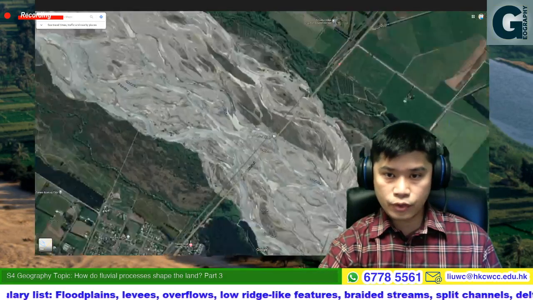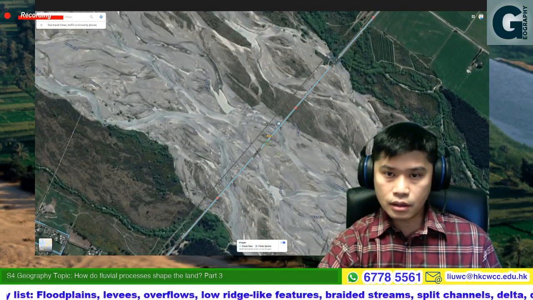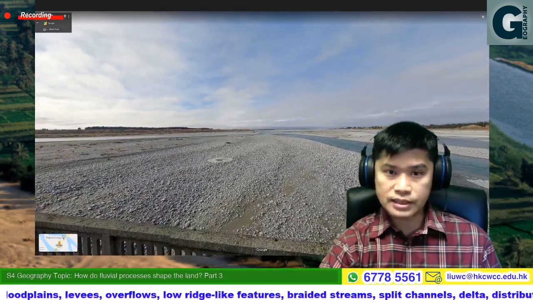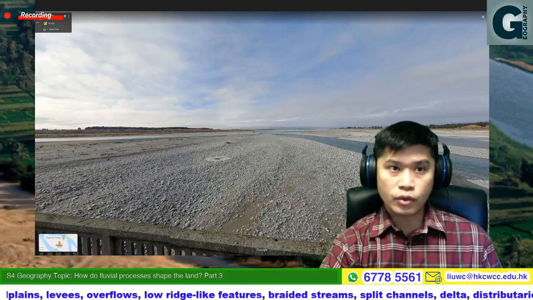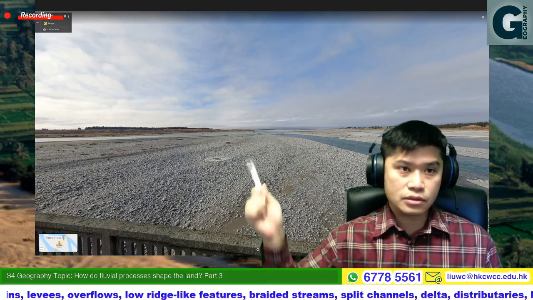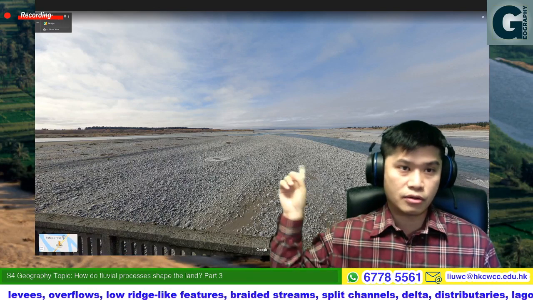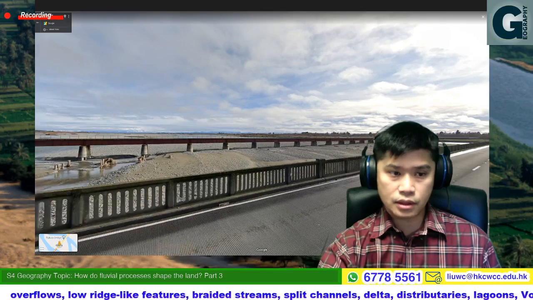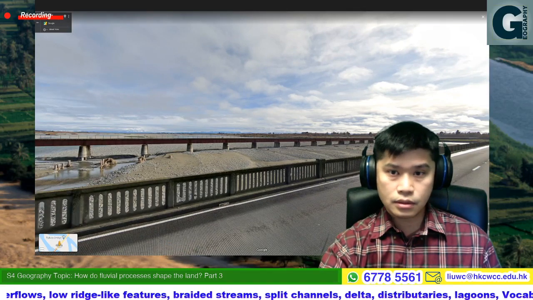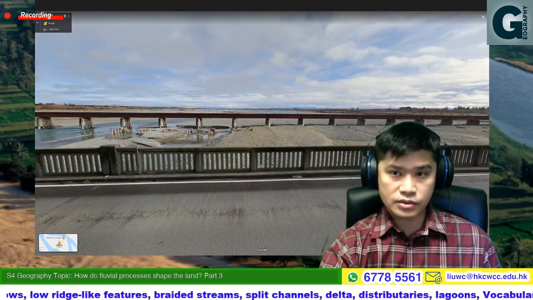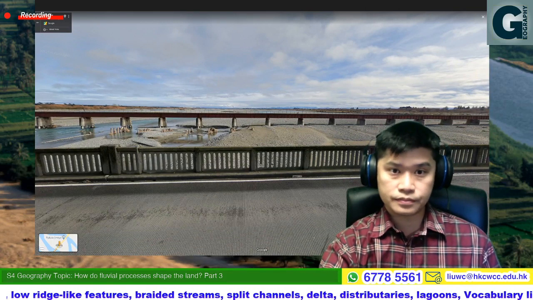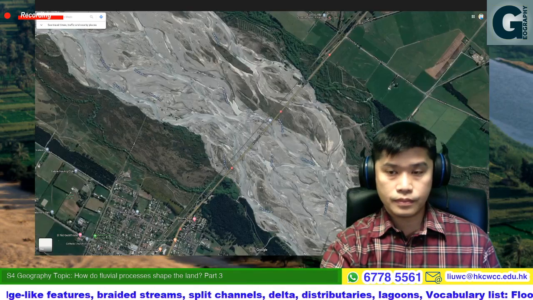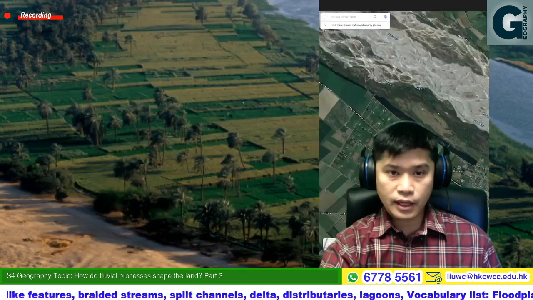If we look at the street view here, you can see that the river is split in the middle by the deposition, right over there. If I turn around, you can also see it like this. Braided stream.